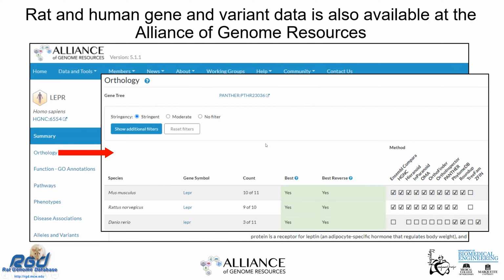So it's not considered the best, but if you are looking for orthologs and you can't find what you're looking for, you can take all of the filters off and see if there are any there.